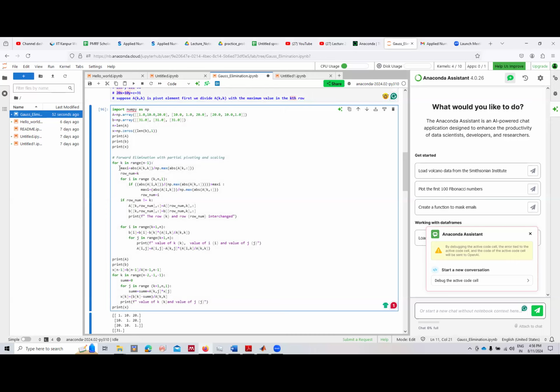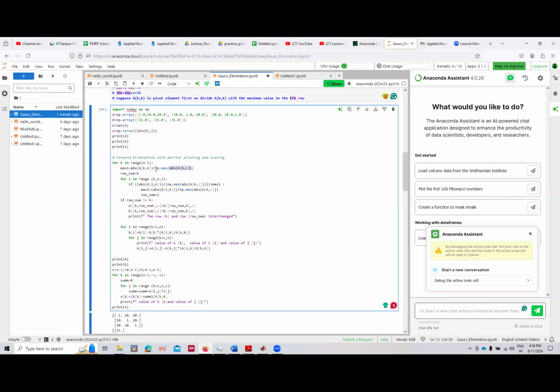I first find some maximum value that will be equal to the absolute of a_kk, the pivot value, divided by the maximum value in the kth row, including all the columns. This colon represents all the columns, so kth row, all the columns. Now I take the absolute value, so it gives the absolute values of the kth row.